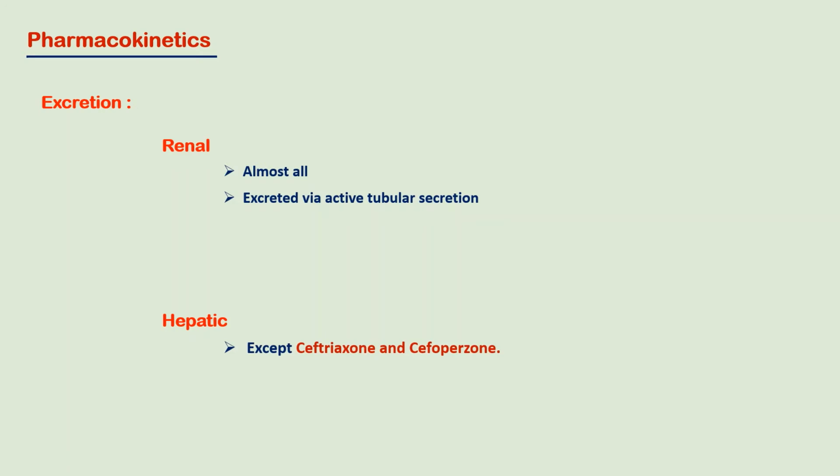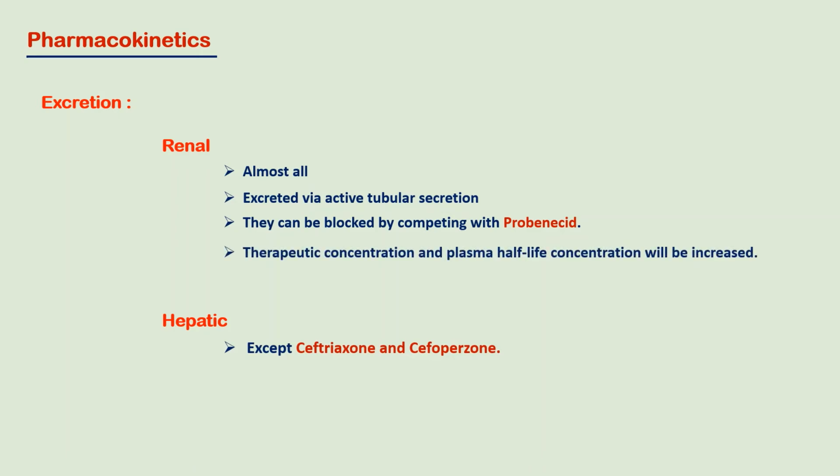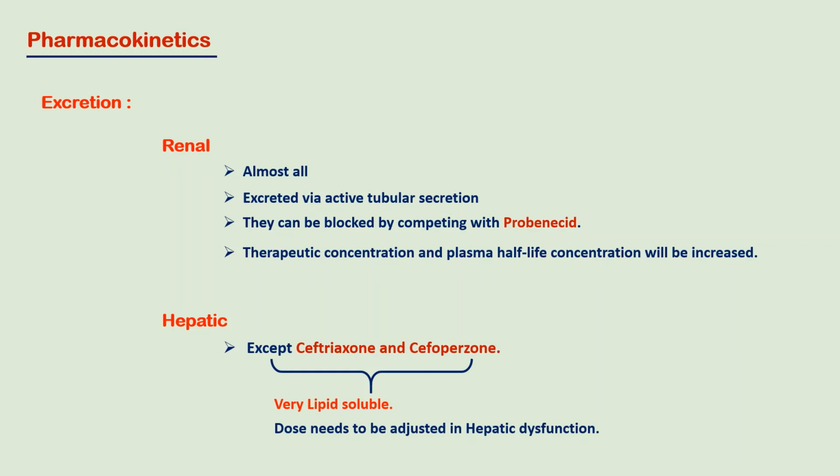As these agents are excreted by tubular secretion, when we co-administer them with probenecid, their secretion is blocked by competition, and probenecid wins, so the therapeutic concentration and the plasma half-life will be increased. The dose of ceftriaxone and cefoperazone needs to be adjusted in hepatic dysfunction.